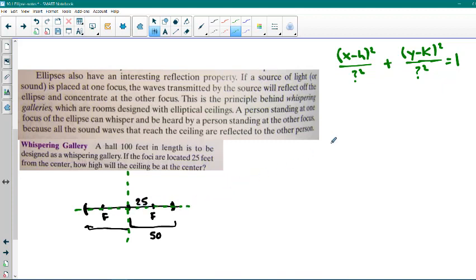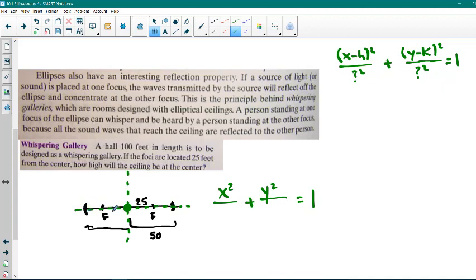We have the nice setup that way, again with the center being at 0, 0, where we have x squared in the numerator and then y squared in the numerator, always equal to 1. Alright, so the foci this time are horizontal, which tells me my horizontal or x direction is the larger.